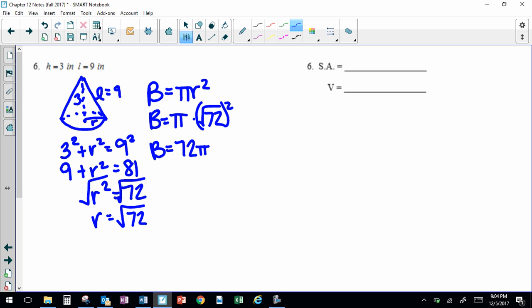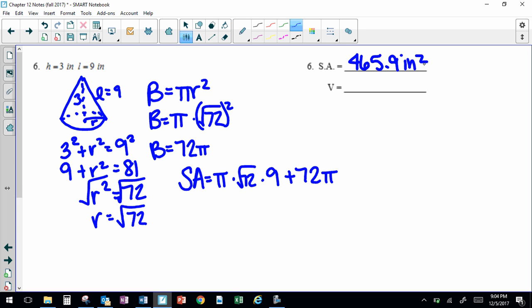Okay, so then surface area, it's pi times radius, radical 72, times slant height 9, plus your b, which was 72 pi. When you type all that in your calculator, so 3.14 times the square root of 72 times 9 plus 72 times 3.14, you get about 465.9 square inches.